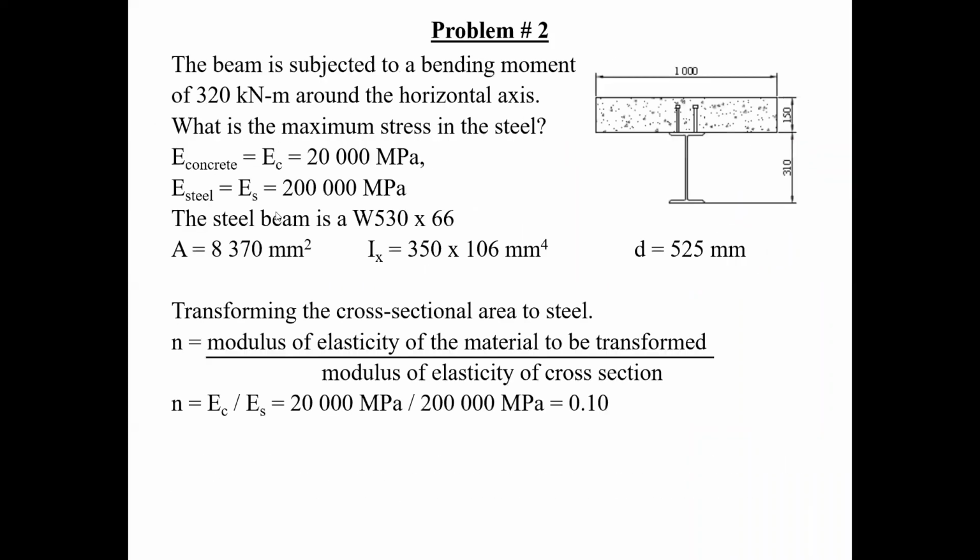So what did I give you as a cross-sectional area in the assignment? What was the value of A that I gave you? 4,940 millimeters squared.